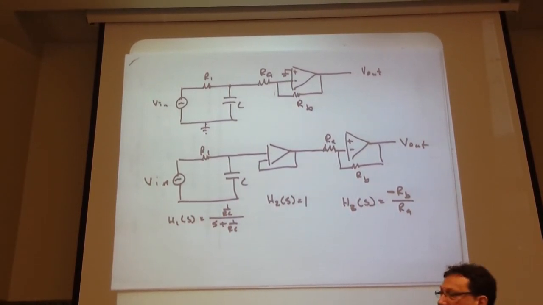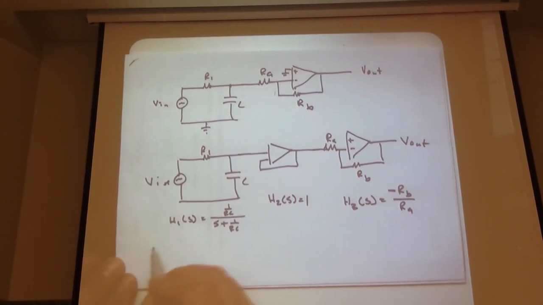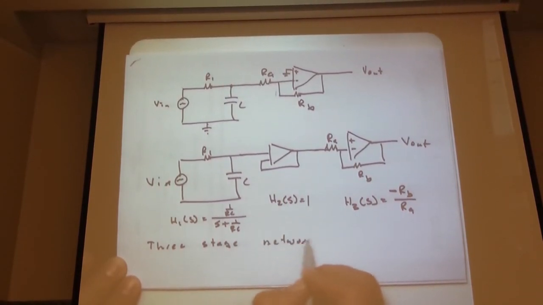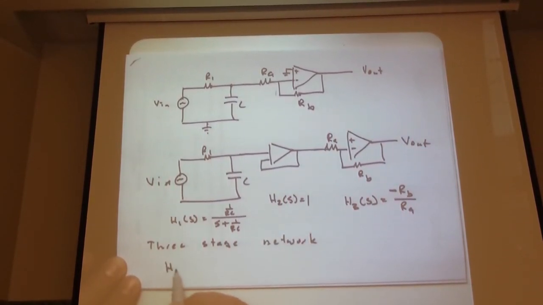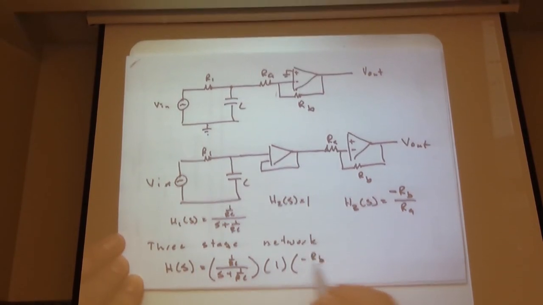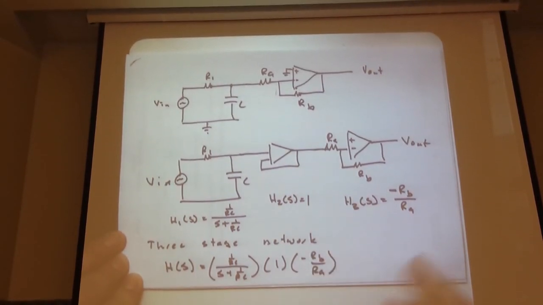So it's a three-stage network, one of our stages being trivial, but it's a three-stage network. And we can multiply things out. H of S then equals 1 over RC, S plus 1 over RC times 1, just include that for fun, minus RB over RA.